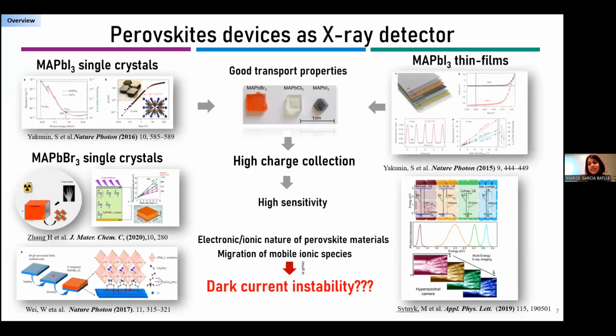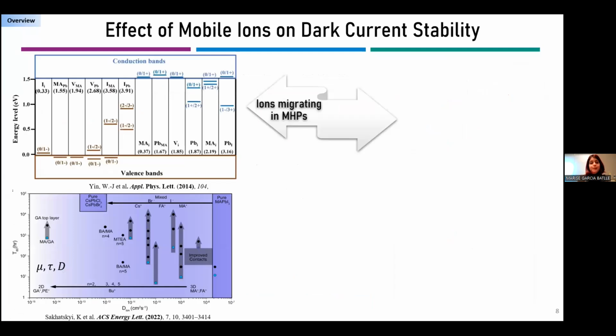So this is, I think, the bottleneck of this technology: the long-term stability of perovskite materials for X-ray detection. Mobile ions have been extensively studied. This is not a new topic at all. Transition energies and formation energies have been reported, even the mobility and diffusion coefficient of these species in perovskite.